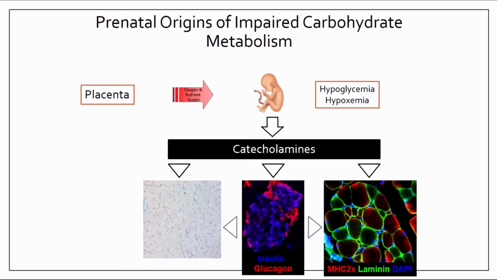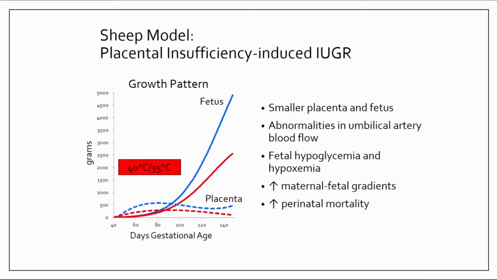The other caveat to this is it's not an acute response like you would expect in an adult, where you see that bear, you flee from the bear, your catecholamine levels go down. In this case, we're looking at a very chronic response where over time these fetuses have sustained hypoglycemia and hypoxia and sustained high catecholamine concentrations. And that will become apparent as I go on with what we've been doing.